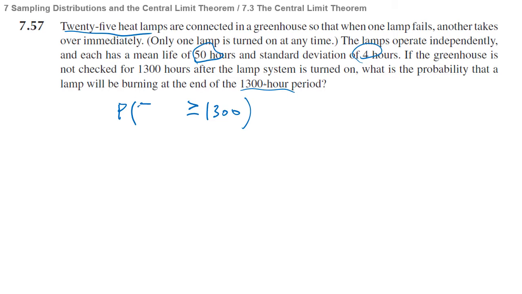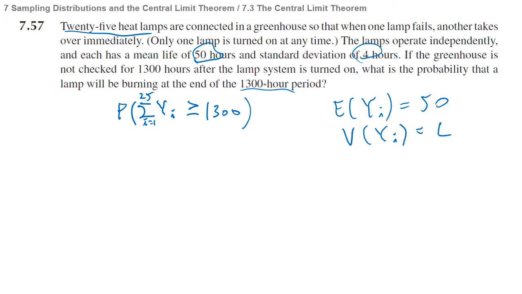So yi, i equals 1 to 25. 25 heat lamps are connected, and the expected value of yi for each lamp is 50, and the variance of yi is 4 squared.